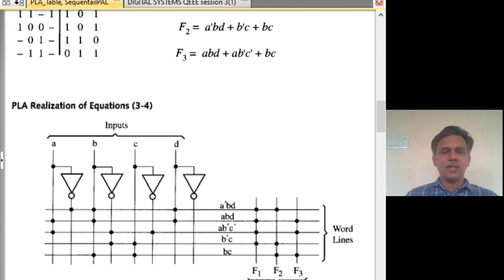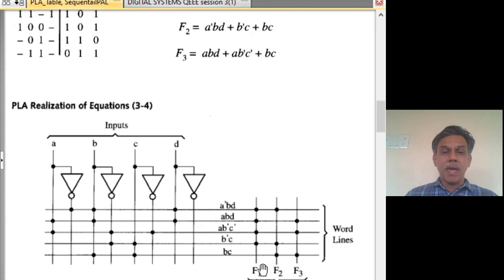Then if F1 is an OR of the first 4 product terms, only those are being ORed, we don't OR B, C, and you realize F1, similarly F2 and F3. So, once we put a restriction on the number of input variables and the number of functions to be realized, then the number of vertical lines is fixed, because if there are n inputs, we will have 2 into n vertical lines on the input side.